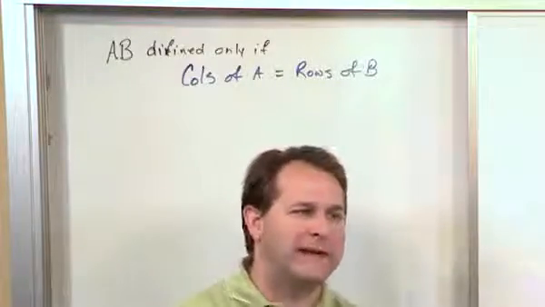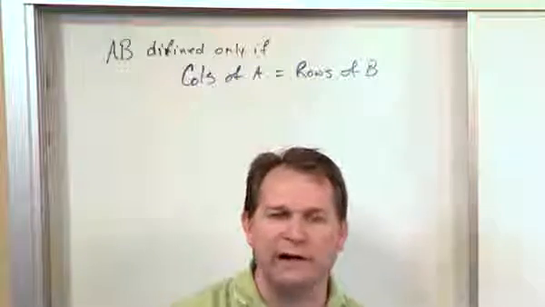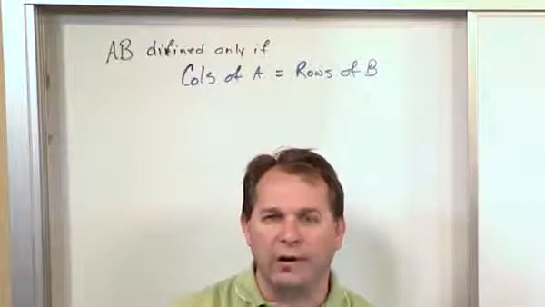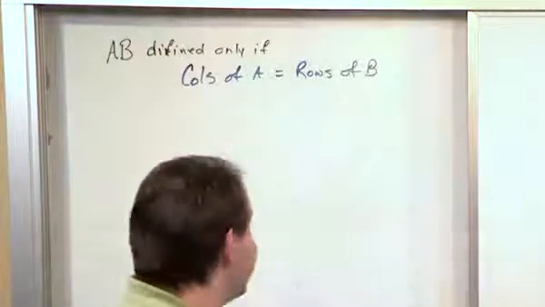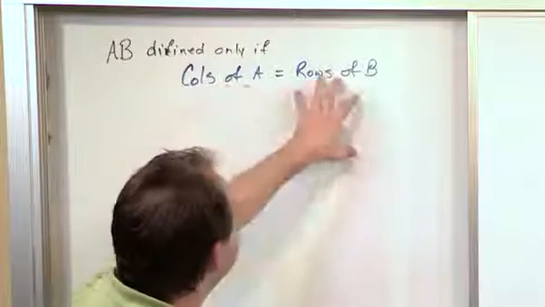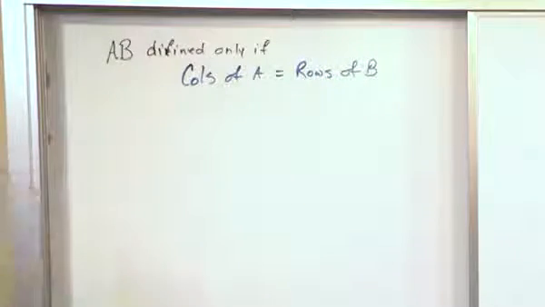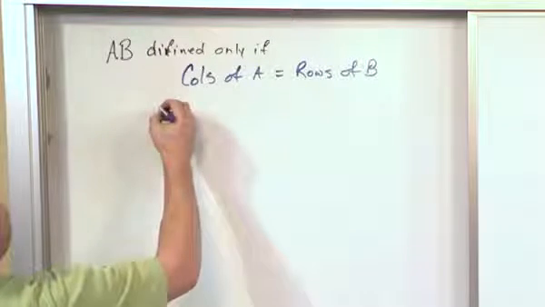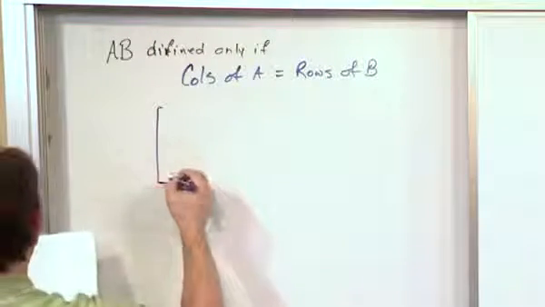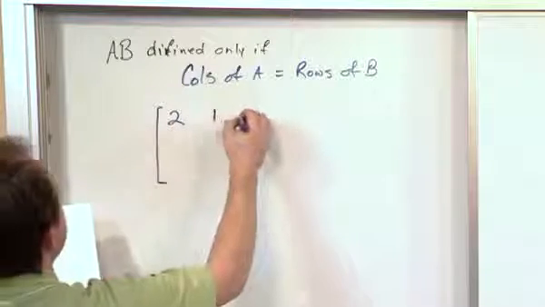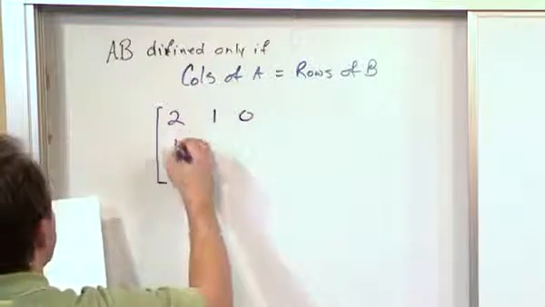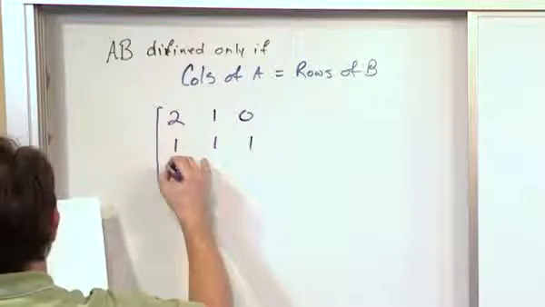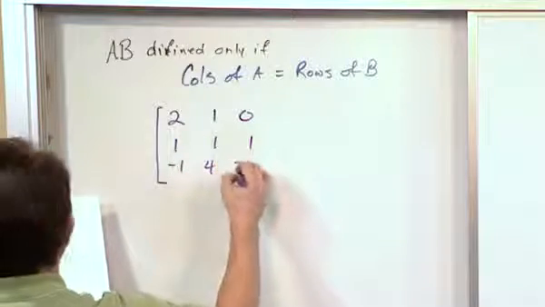But as you get more practice, when you try to multiply things together and you know how to do it, you'll realize when it doesn't work. And the case when it doesn't work is when the columns of matrix A do not equal the rows of matrix B. So let's say I have matrix A and matrix B. Matrix A would be 2, 1, 0, 1, 1, 1, negative 1, 4, 3.